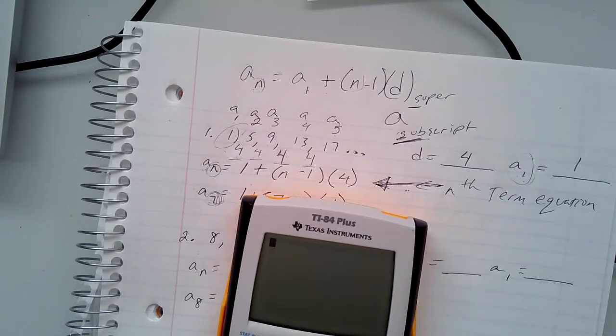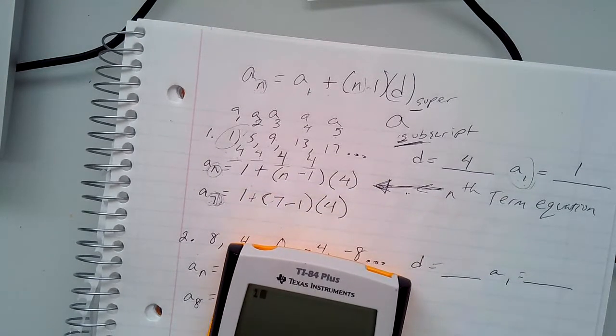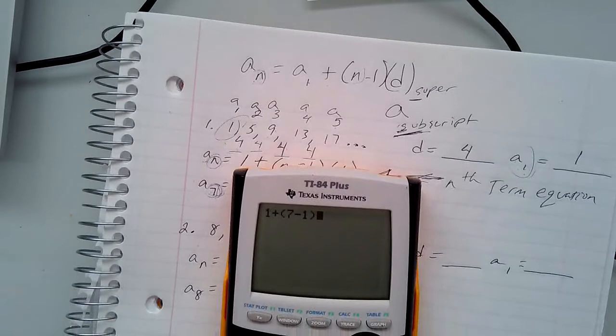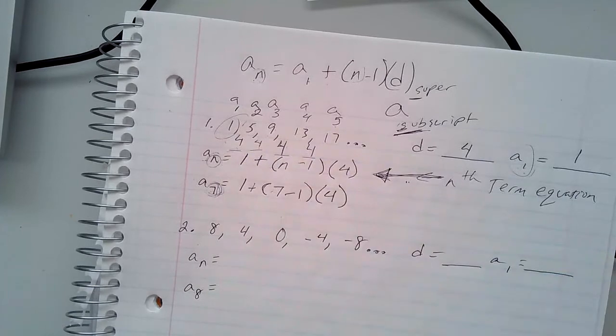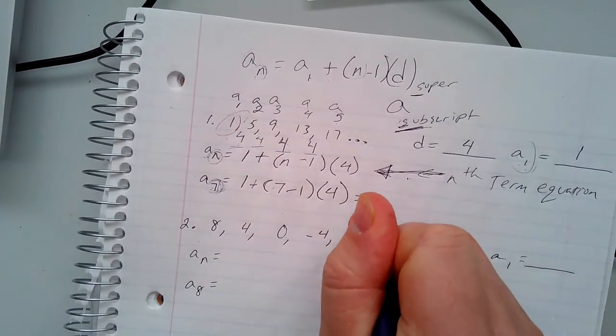I would say 1 plus 7 minus 1 in parentheses times 4. And that would give me 25. So this would equal 25.